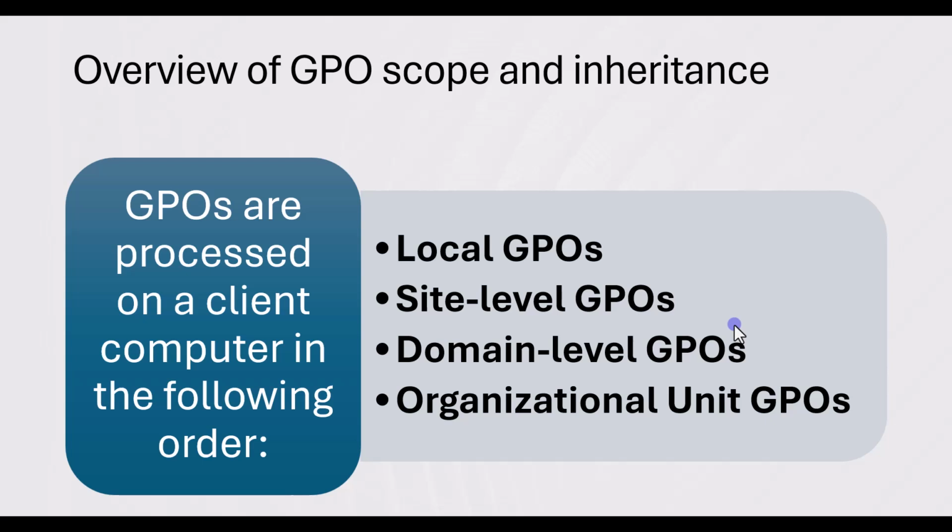So it applies when the group policies that have been set are the same setting, but one is saying one thing and the other is saying a different thing. Then in this case, the precedence applies.